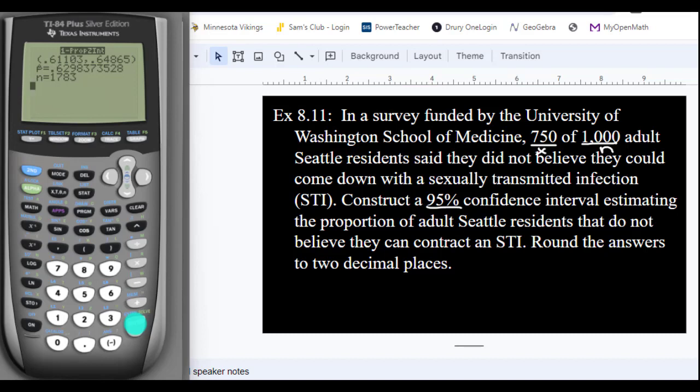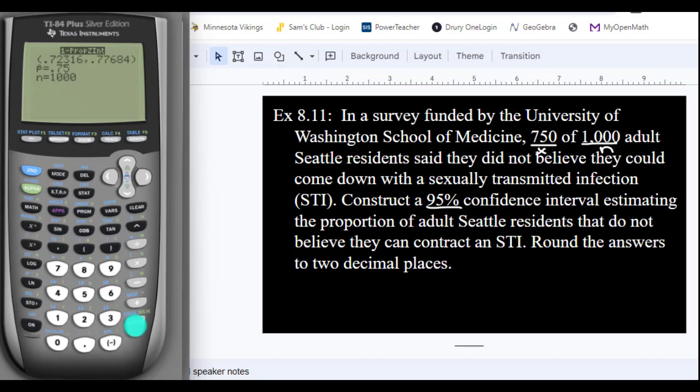So when we do this on the calculator, stat, over to tests, and down to letter A, there it is. And this time we have 750, we have 1,000, and we're going to put in 0.95 for that 95% confidence interval and calculate.